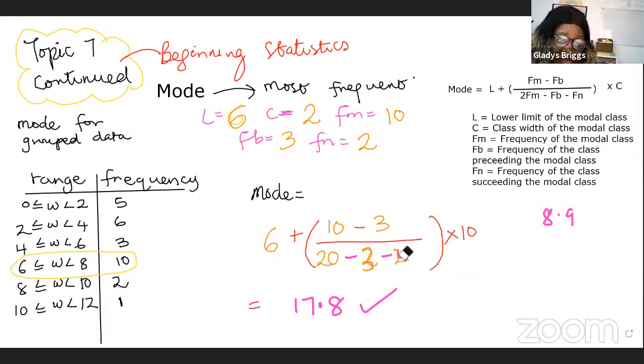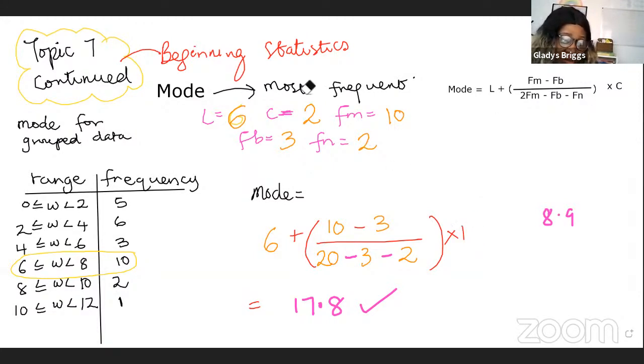I think I need to rub these out and write them properly. Okay, so that's what you need to put, and times what? Times C is 2.